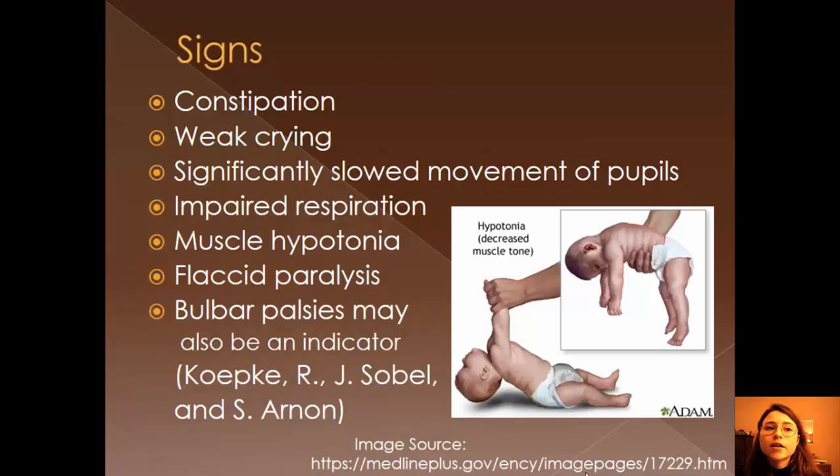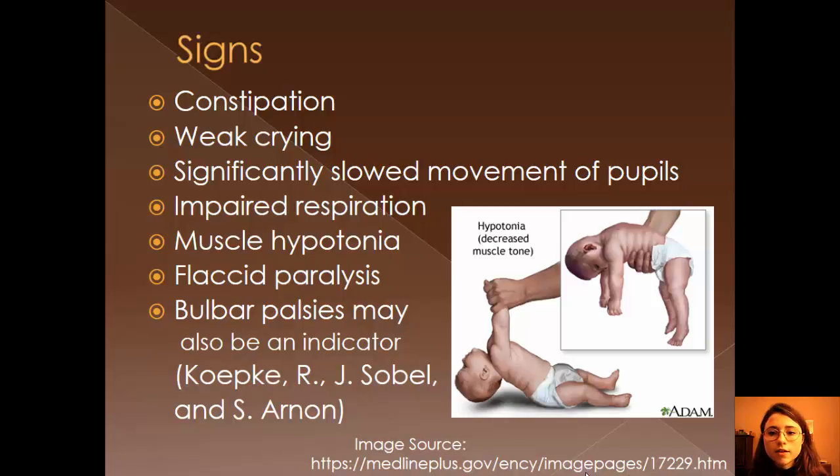Some signs to watch for in infant botulism are constipation, weak crying, slowed movement of pupils due to that attack on the nervous system, impaired respiration, and muscle hypotonia. Again, you see in this picture a loss of motor control due to the attack on the nervous system. In a normal infant, you would see some flexing at the joints.